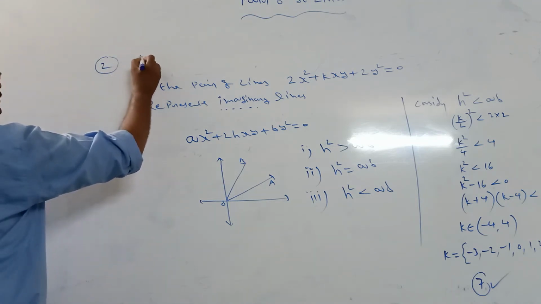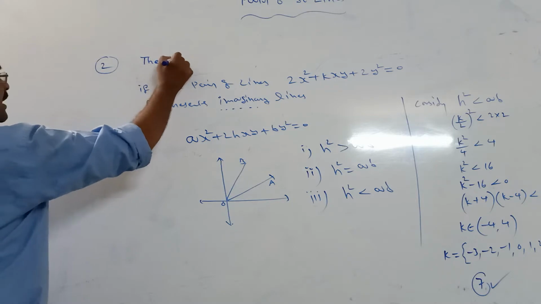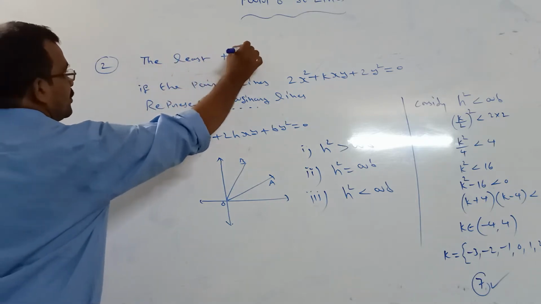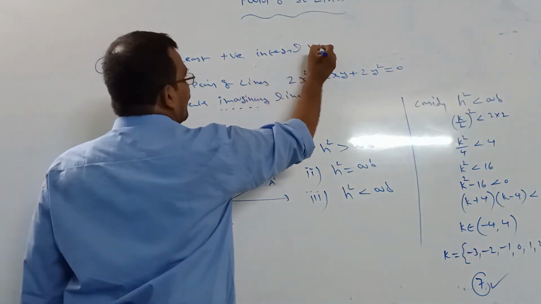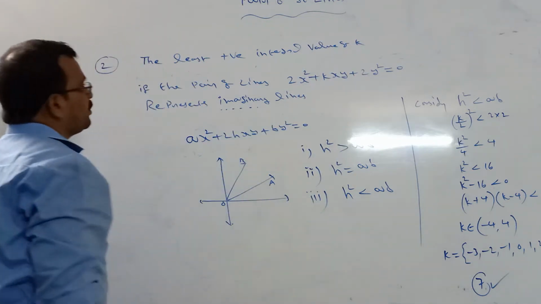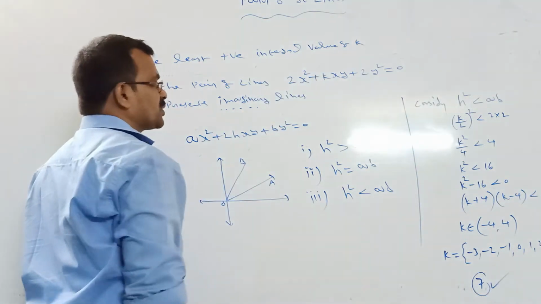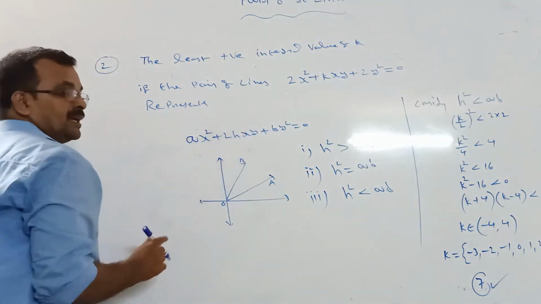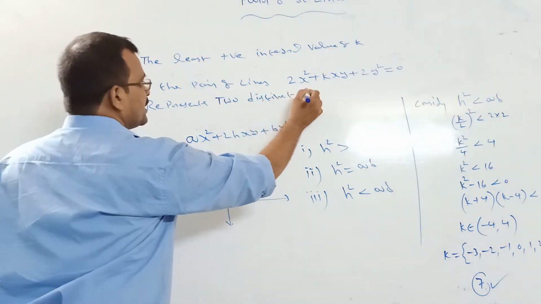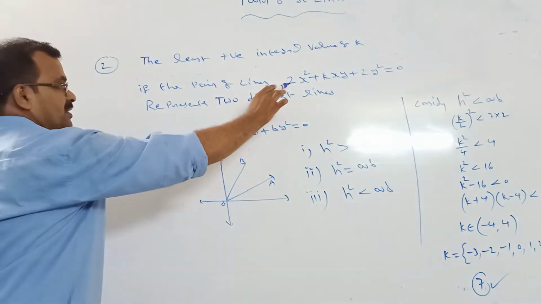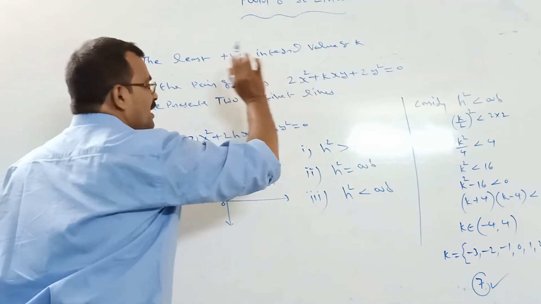What is the least positive integral value of k if the pair of lines 2x square plus kxy plus 2y square equal to 0 represents two distinct lines?